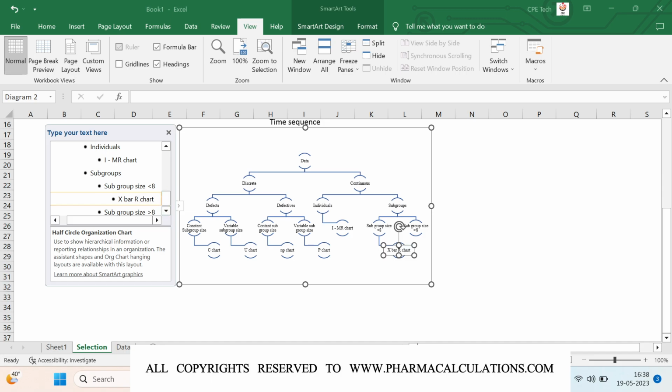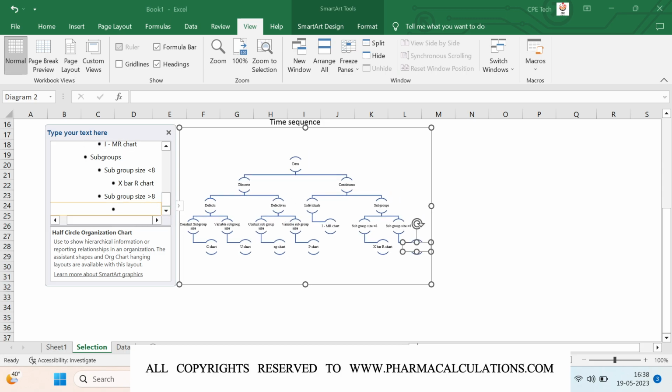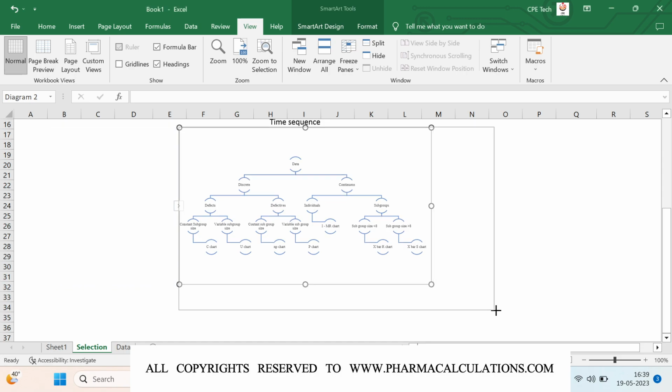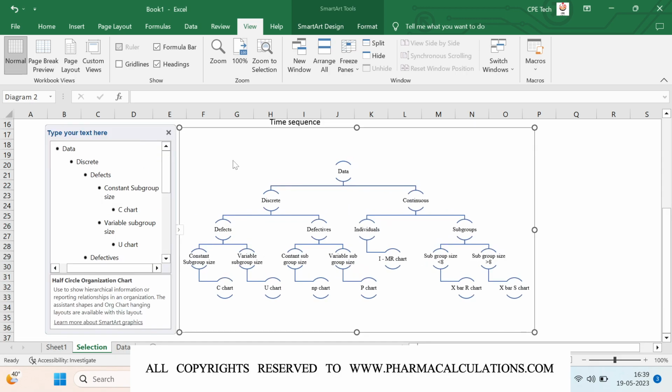And if the subgroup size is greater than 8, in this case you can use an X bar S chart. So this is how you can classify or select the different types of control charts.